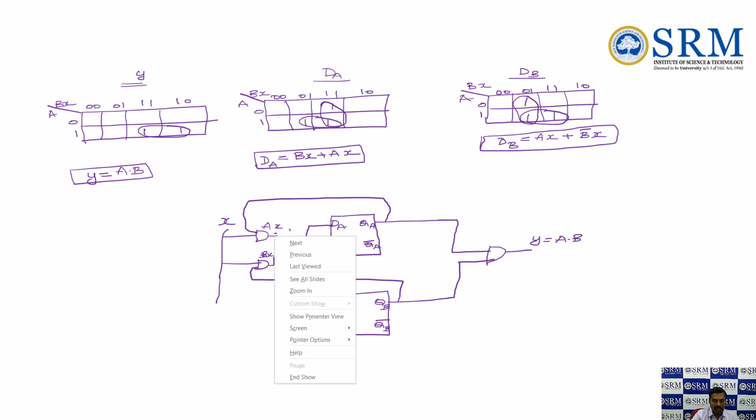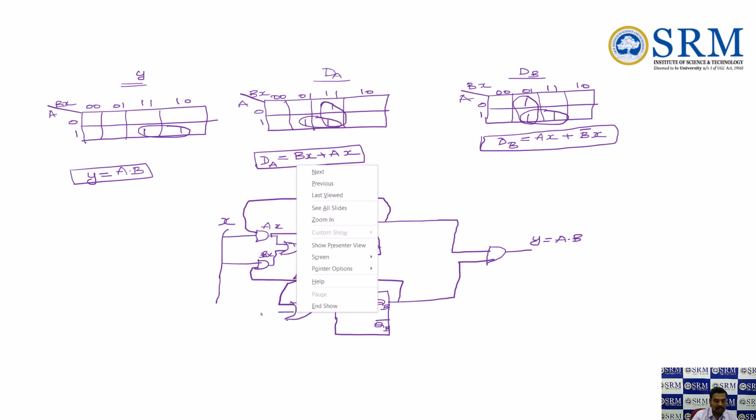Because for the first flip-flop I'm using the same one, hence I can take it from here. So AX was got in. Then we need B bar X, right? The other input is B bar X.